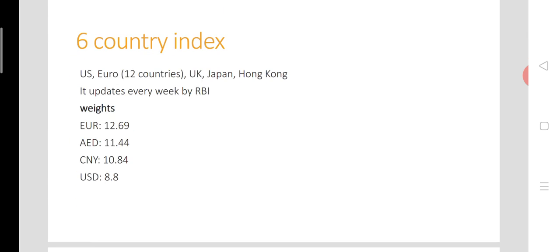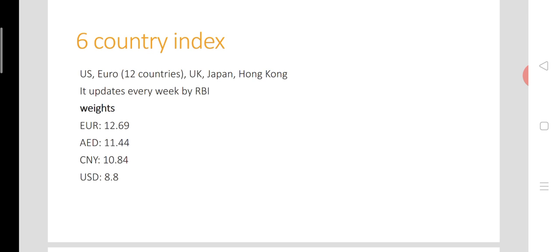And let's look at the 6 country index. The 6 country index is one of India's NEER indices. It is updated weekly by the RBI.